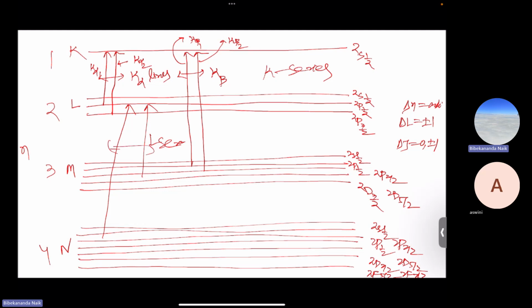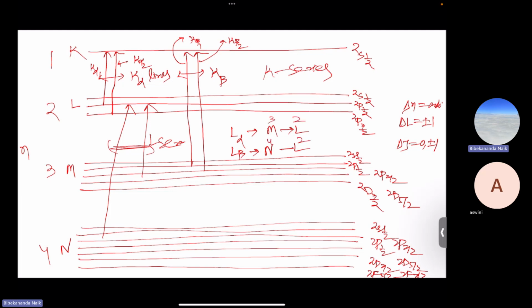So all these transitions are of the L series. Like K alpha and K beta, where alpha corresponds to 2 to 1 and beta corresponds to 3 to 1, similarly L alpha corresponds to the transition from M to L, and L beta corresponds to the transition from N to L. So L is 2, it is 3 to 2, it is 4 to 2.